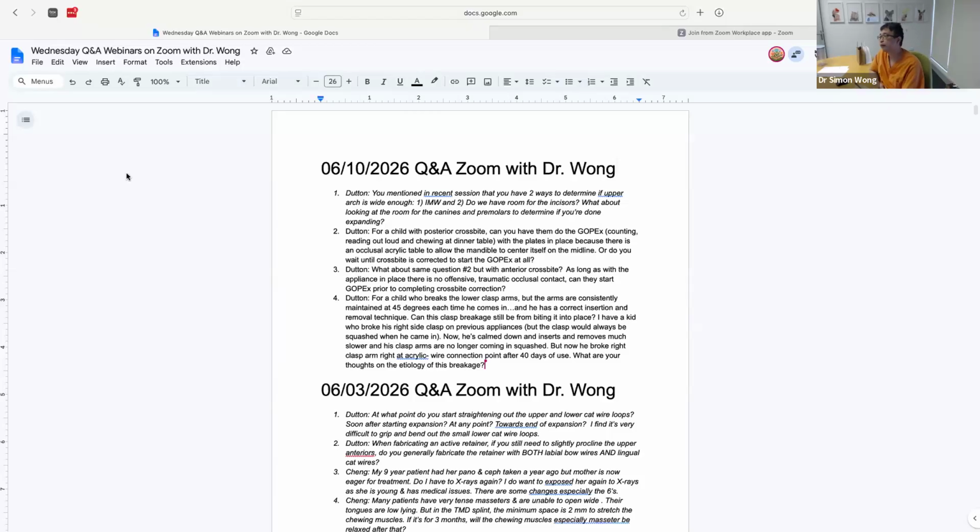When we have a crossbite, often we shift functionally to accommodate the crossbite.